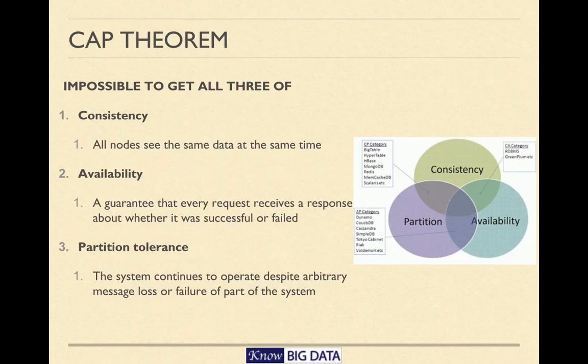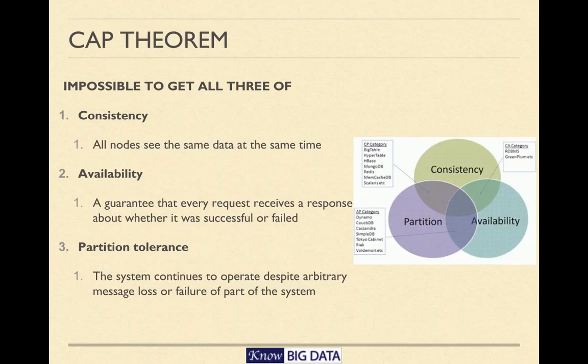Partition tolerance means if there is a network disconnectivity, still the system should be running completely well. If there is a disconnectivity at any point, the system should keep running without giving the wrong data or without the system becoming totally inconsistent.